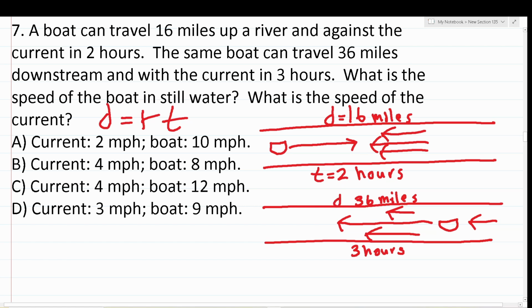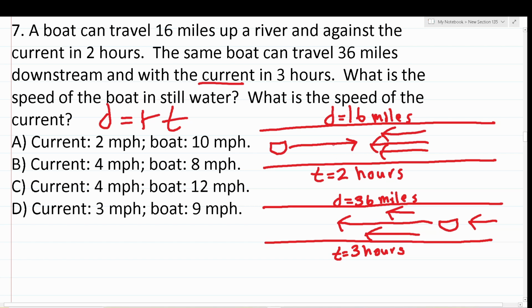Here we have a distance of 36 miles and a time of 3 hours. But in this case, we have this added variable of the current, and we want to know how fast that is as well. So we're first going to have to modify this distance, rate, and time formula. So let's work on doing that. And it's not as hard to do as you think.